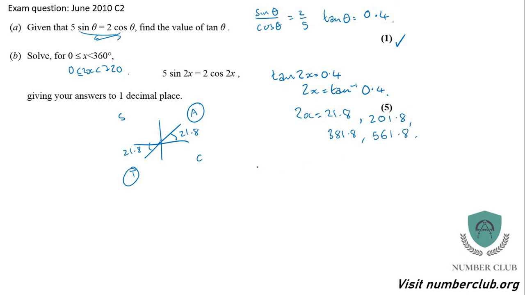We just then need to divide through by 2, so x is going to equal 21.8 divided by 2, which comes out as 10.9. You'll get 100.9, 190.9, and you'll get 280.9. Alright, those are the answers to 1 decimal place.